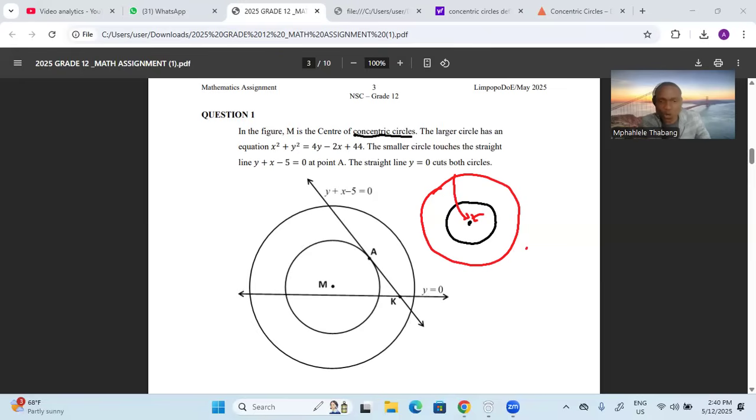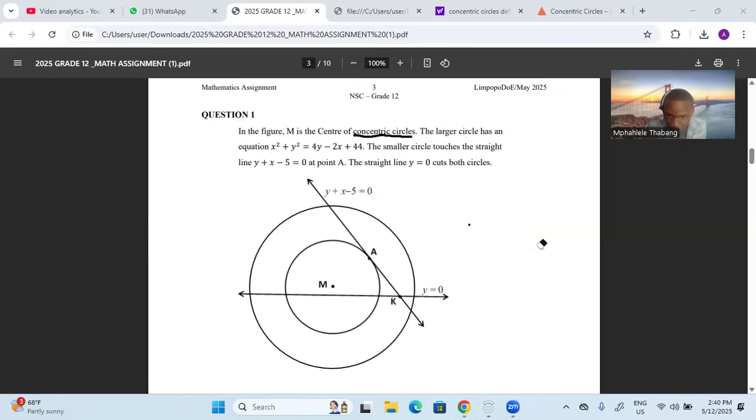So you are given the equation of the larger circle. Remember, the equation of a circle can actually be written in two ways. We have an alternative method of writing the equation of a circle. Let me erase and I'll show you the method.